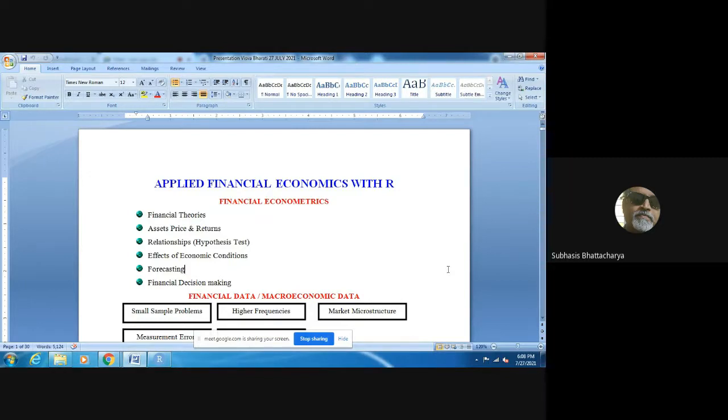Econometrics is rooted in the origins of economics. The main techniques employed for studying economic problems are of equal importance in financial applications. So financial econometrics can be defined as the application of statistical techniques to problems in finance.